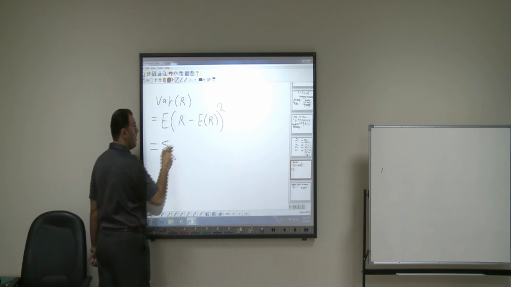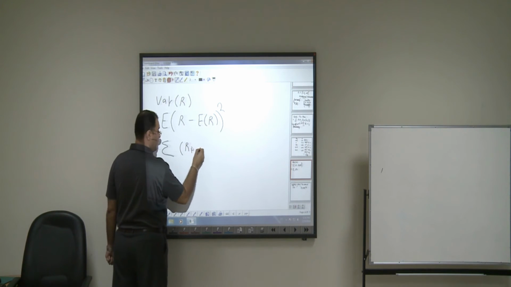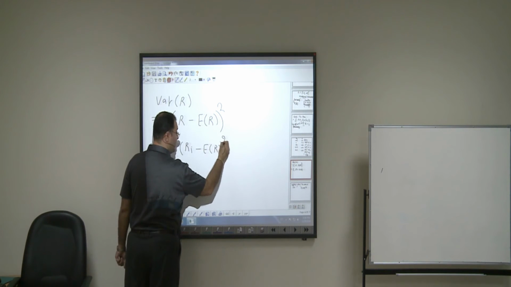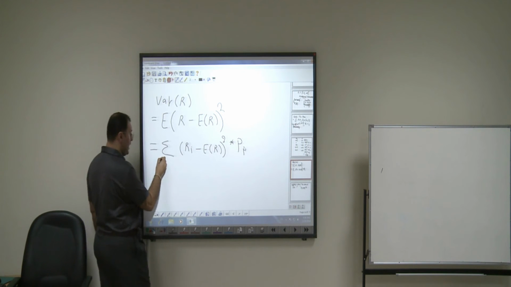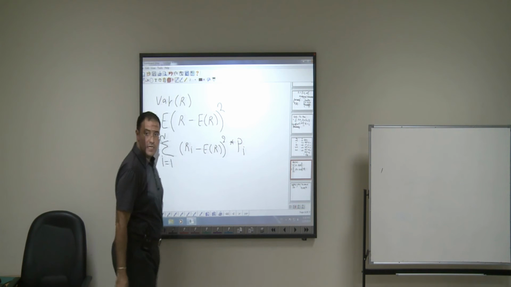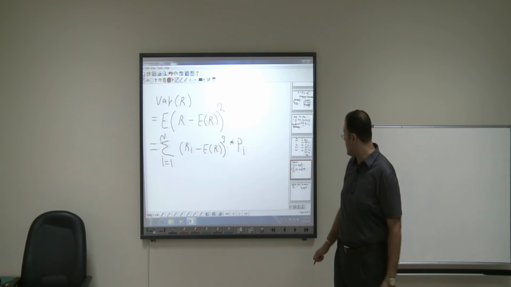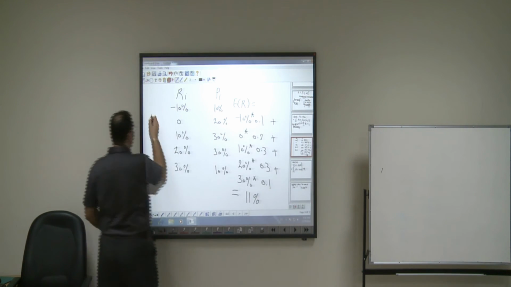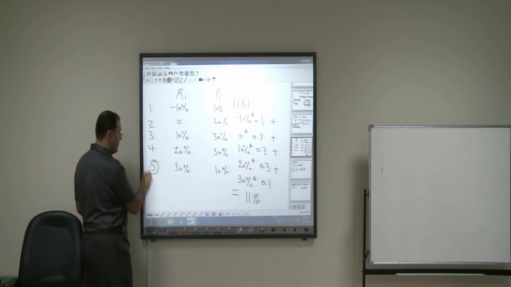So it's going to be the sum of Ri minus the expected value of R, squared, times pi, as i goes from 1 to n. And in the problem we're solving now, how much is n? It's 1, 2, 3, 4, 5. So n is 5, right?